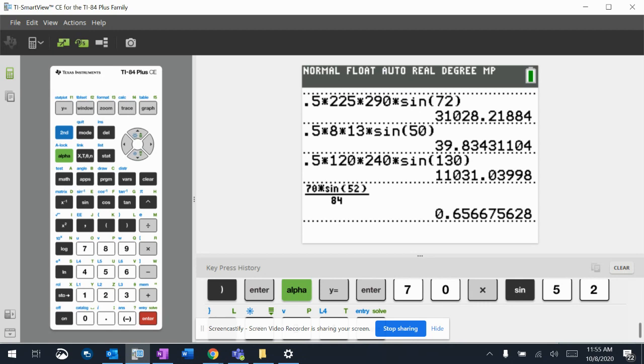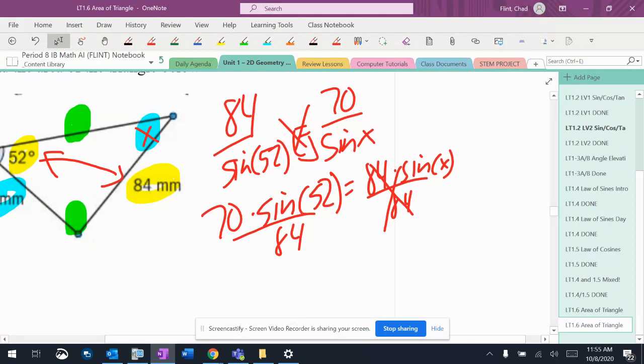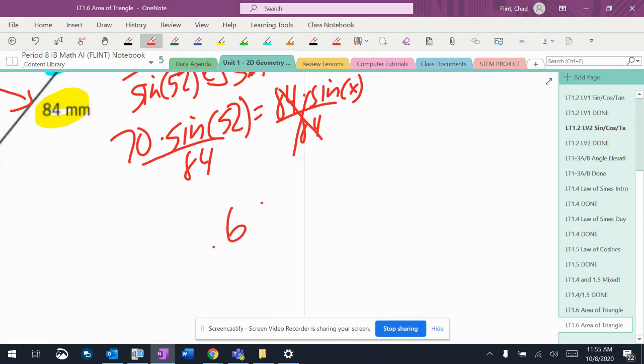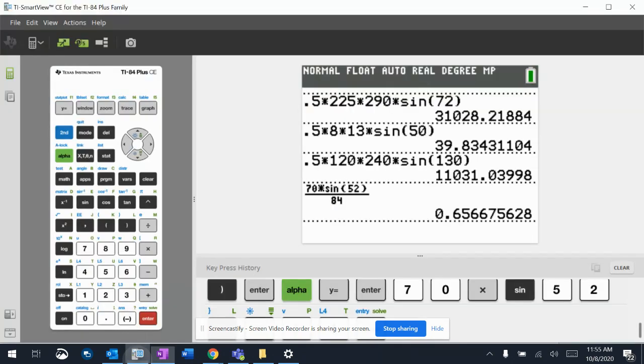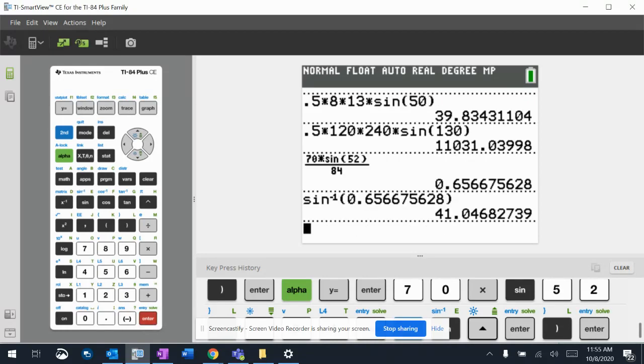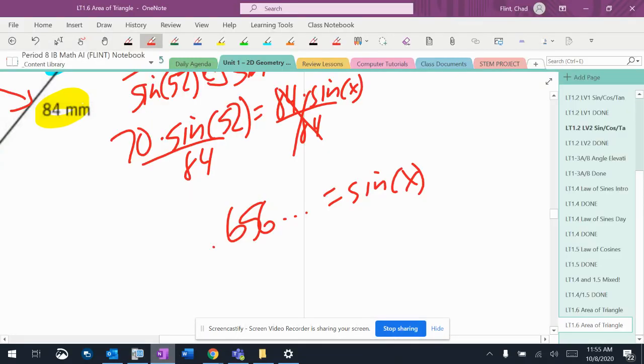So 0.656. Remember, when you get sine of x, you have to hit second sine to get rid of it. So second sine of that decimal is 41.046.